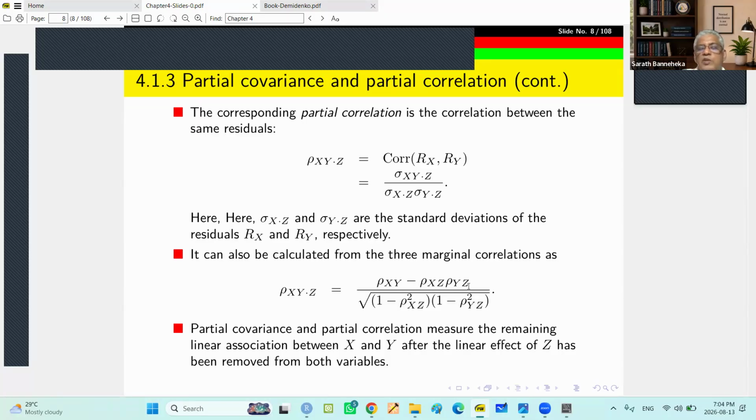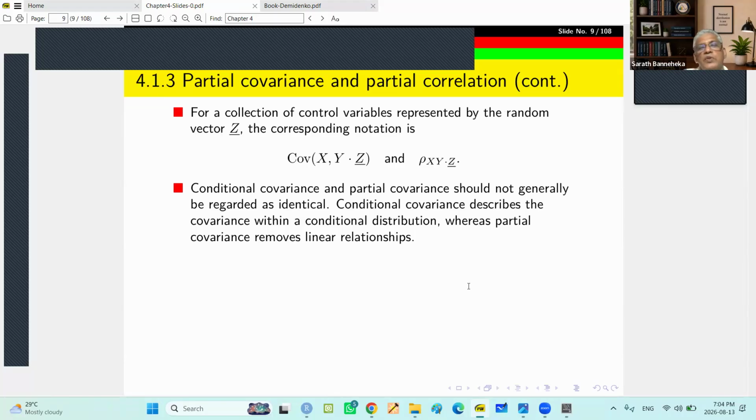And similarly, after removing the linear effect of z on y, there may still be remaining linear effects of other variables on y, right? So this partial covariance and correlation measure the remaining linear association between x and y, after the linear effect of z has been removed from both variables separately.